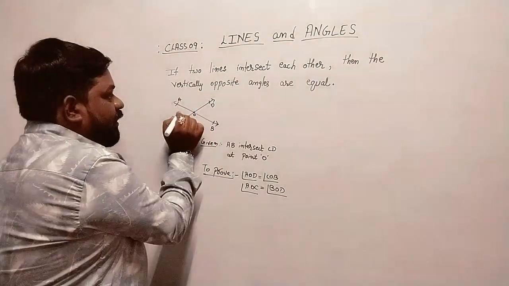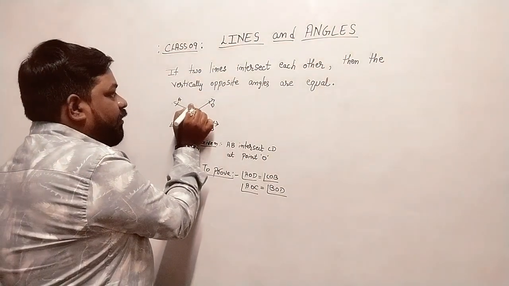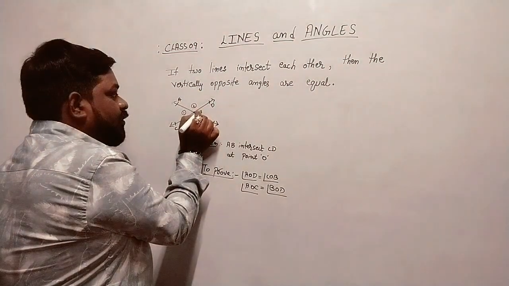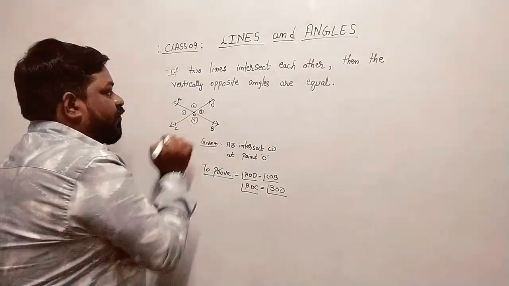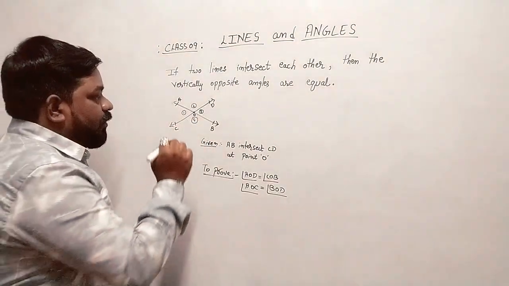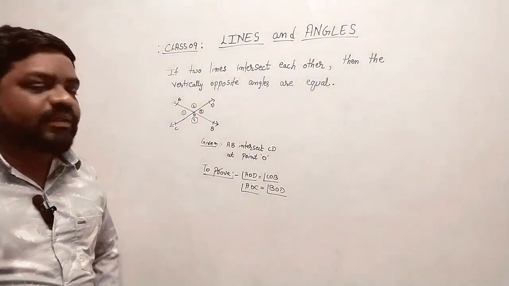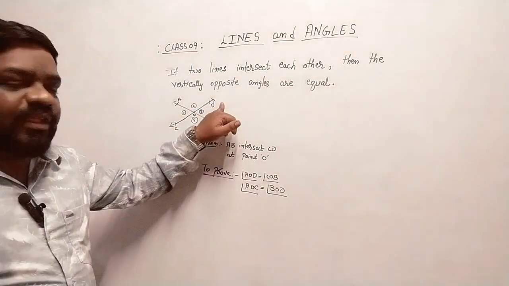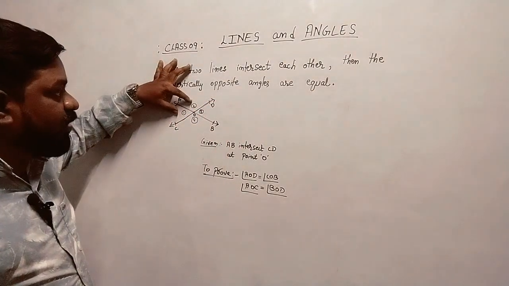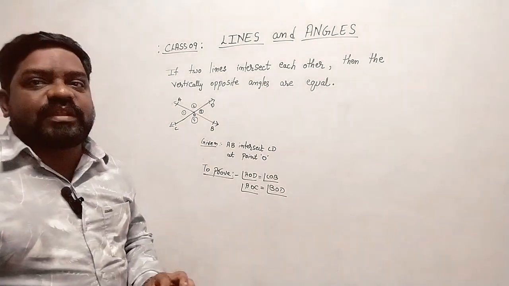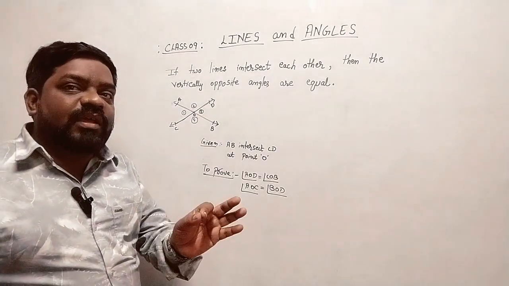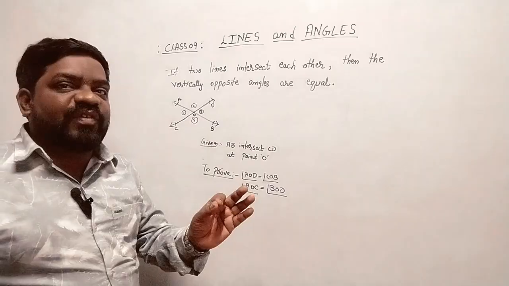Now for easy understanding, I will take it as angles 1, 2, 3 and 4. Now CD is a straight line, right? CD is a straight line. If we add these two angles, we should get 180 degrees, because we have learned the concept of linear pair of angles.